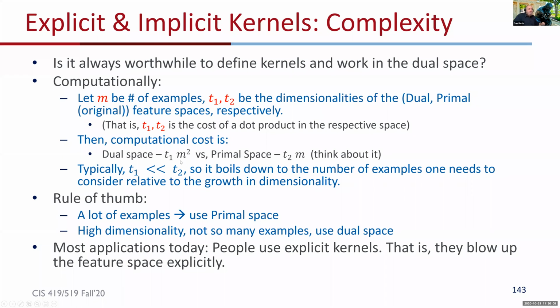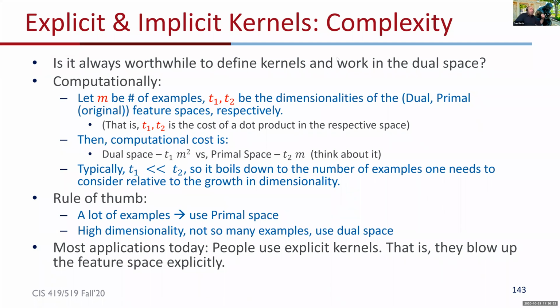What's going to happen in the dual space? How do we make predictions in the dual space? For every example, we are going to compute dot product with all the previous examples. We don't keep a W. If you are in the 7th example, in order to predict on it, you're going to consider first, second, third, up to 6 examples, compute the dot product with them, sum them, and now you have your prediction on the 7th example. And when you get to the 8th example, you're going to compute the dot product with all the previous examples.